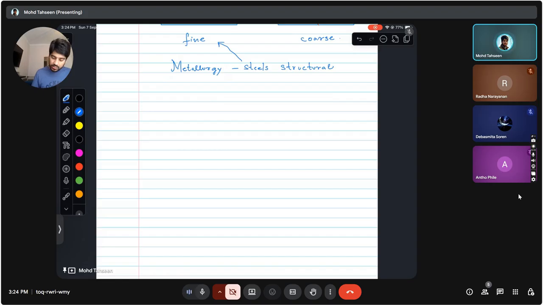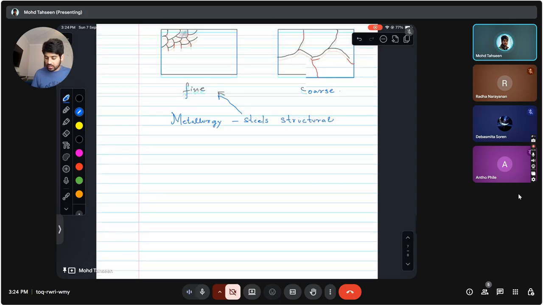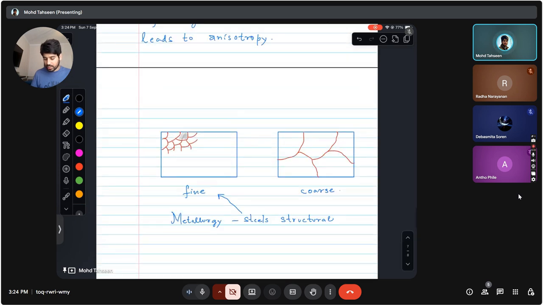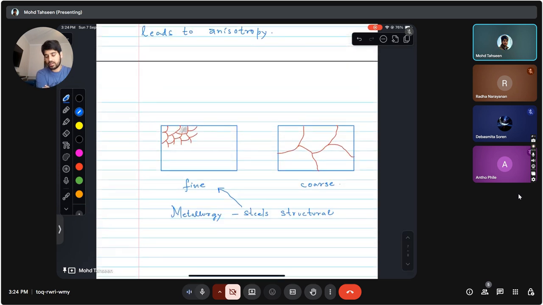So the bottom line of this discussion is that anisotropy is an inherent property of solid materials, and anisotropy stems from crystal structure, right? Because the unit cell itself is not symmetric in its two directions or three directions or however many directions there are inside a solid.